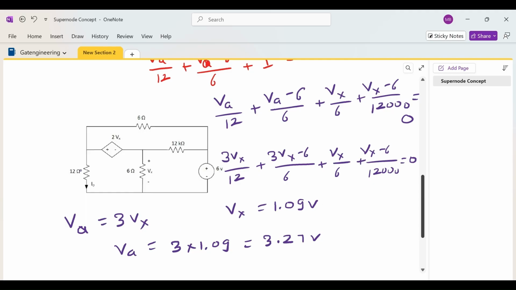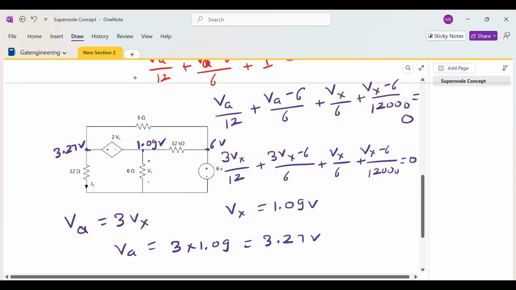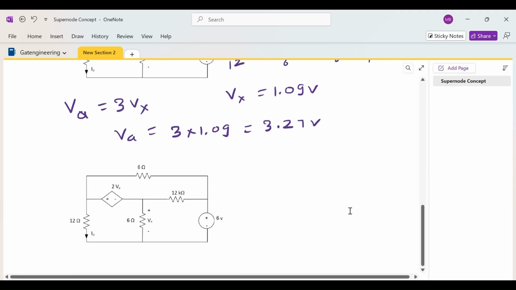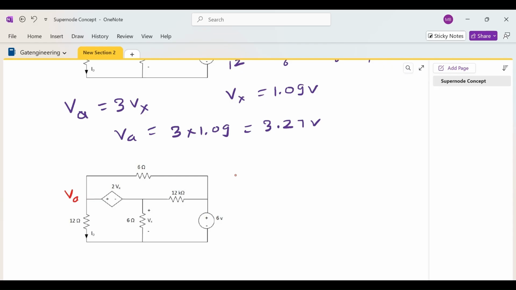We know the potential at each node: this potential is 3.27 volt, this is 1.09 volt, and this is 6 volt. Our aim is to find the current through the 12 ohm resistor. This current will be voltage Va divided by 12.